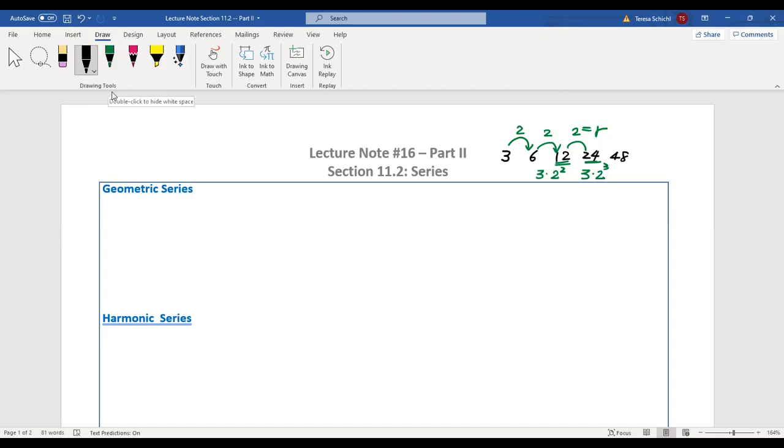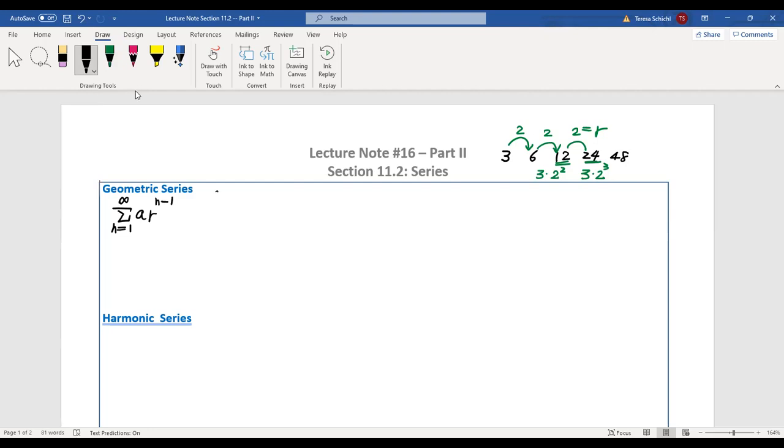Now, this is how we define the geometric series. We have the sum from n equals 1 to infinity of a times r to the n minus 1.